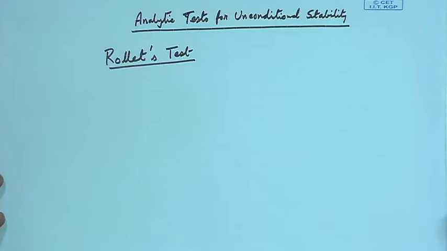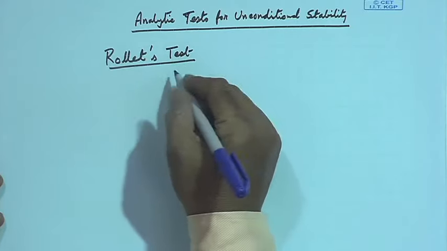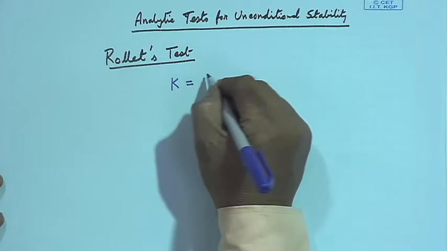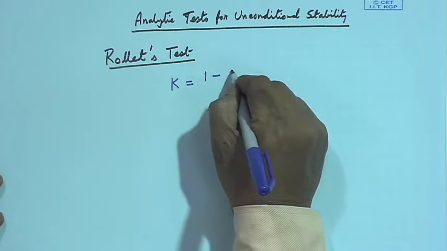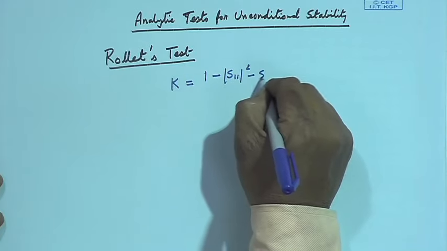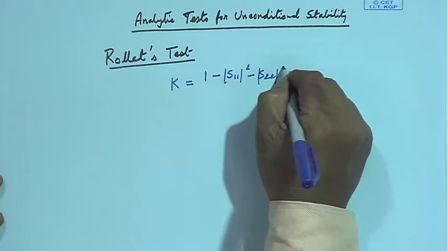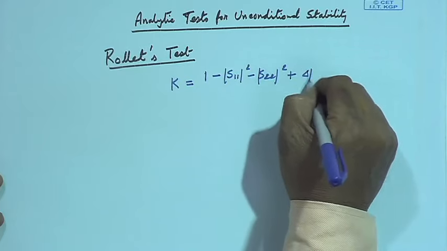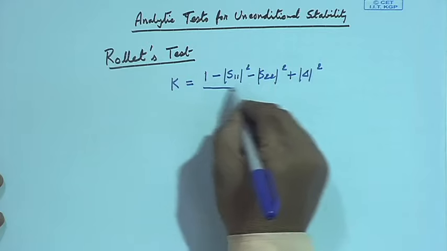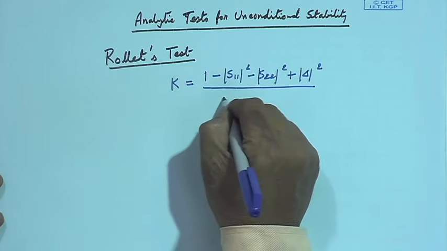Rollett found out a parameter called K, which is given by 1 minus S11 squared minus S22 squared plus delta squared, divided by 2 times the magnitude of S12 S21. Delta is the determinant of the S matrix.